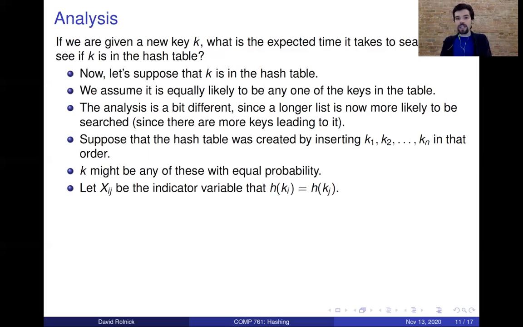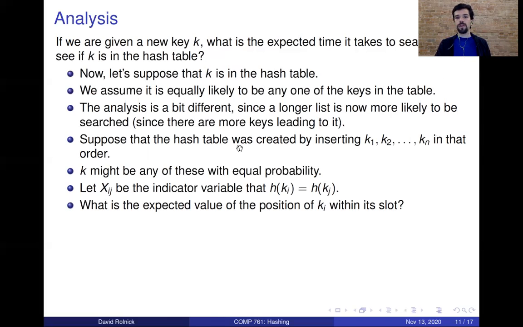Let x_ij be the indicator variable for a collision between i and j. In particular, x_ij is 1 if we have a collision and 0 otherwise. What is the expected value of the position of k_i within its slot? k_i is in some linked list, at the slot for k_i, in some position.